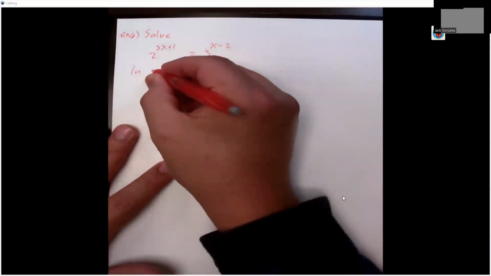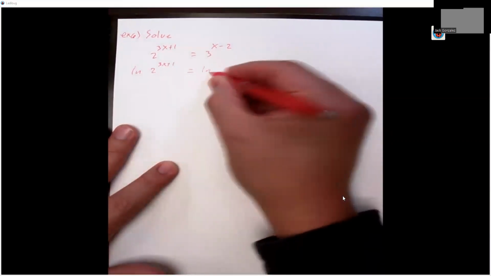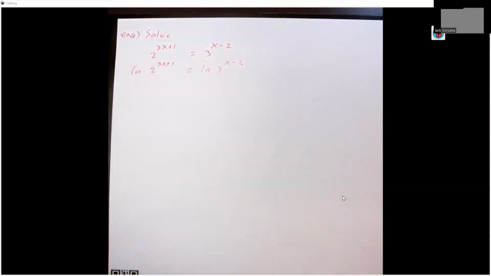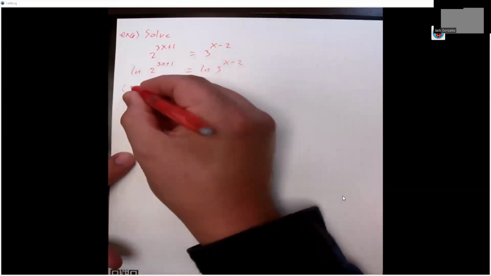So introduce ln on both sides. Bring down the powers, but put them in parentheses.